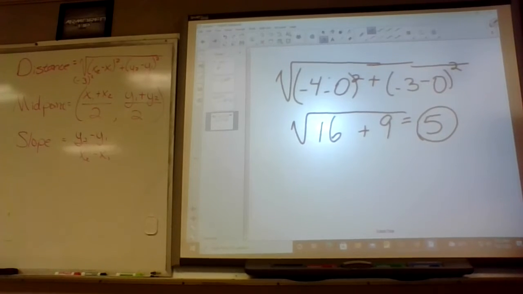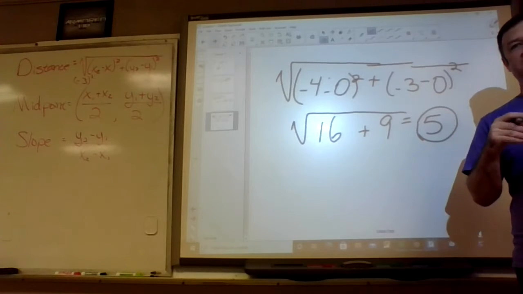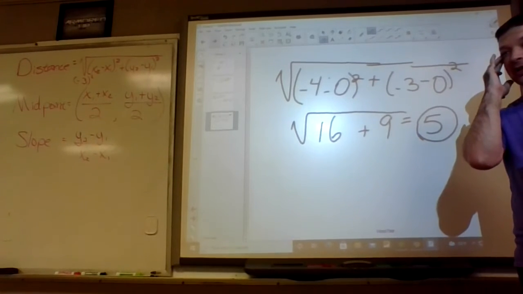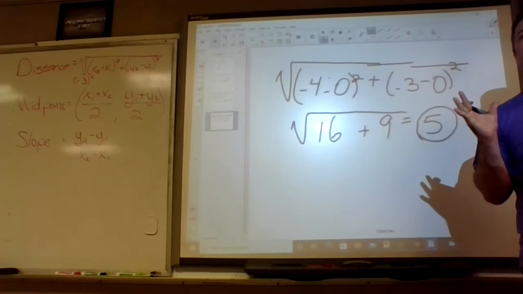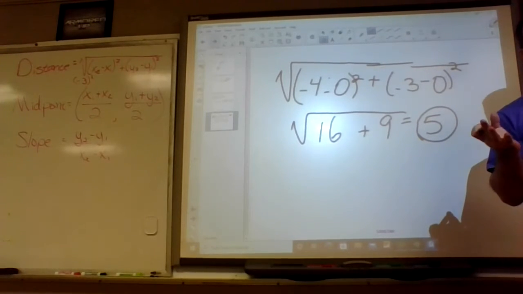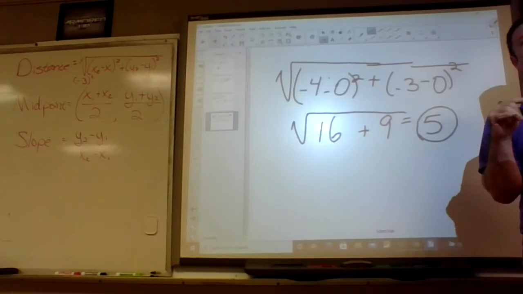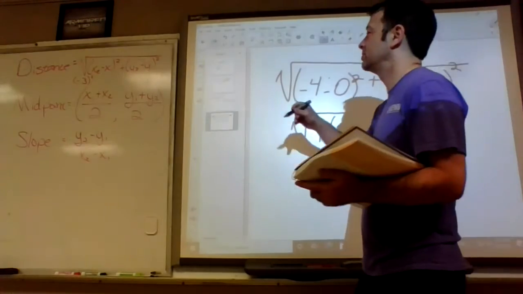Does everybody have a good calculator that can do square roots? Every calculator has a square root button, but we're going to simplify the square root, not turn it into a decimal.